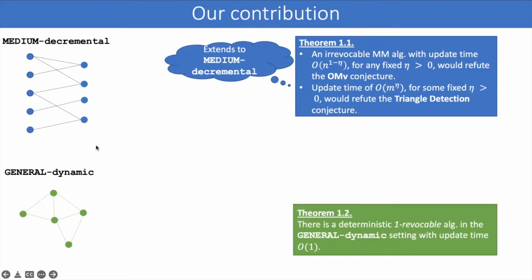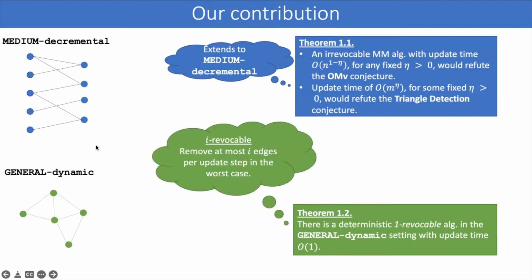We present a maximal matching algorithm for this setting, which has a constant amortized update time. In addition, this algorithm is one-revocable, which means that it can remove at most one edge from the maintained matching. Here we distinguish between removals caused by the algorithm and what we call deletions of a matched edge, which are performed by the adversary. We also know that the one-revocable algorithm implies a bound of O of 1 on the recourse.